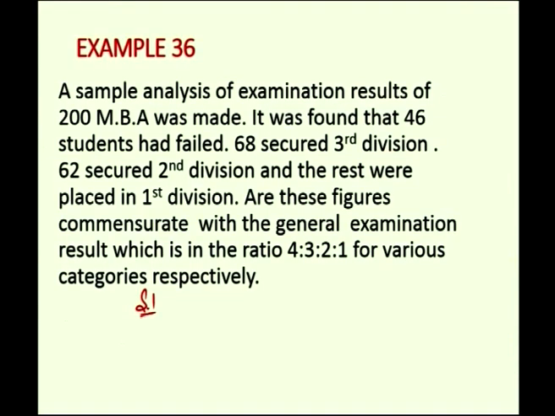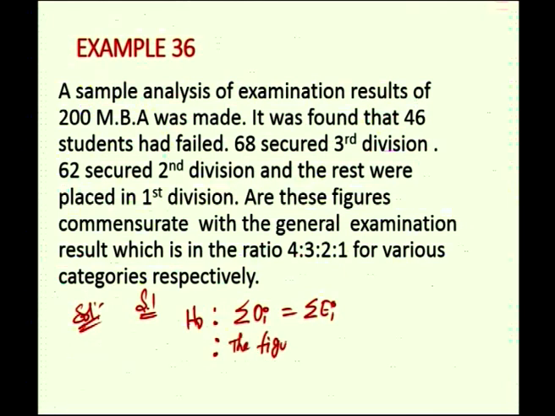Okay. Step 1, the solution starts. Writing mathematically is easier, summation Oi is Ei, but the mathematical expression of H naught alone is not enough, because you have to answer the question asked, whether the figures commensurate with the general examination result.